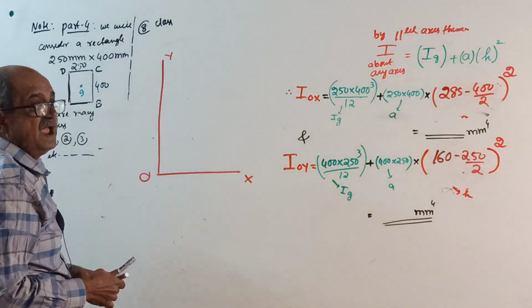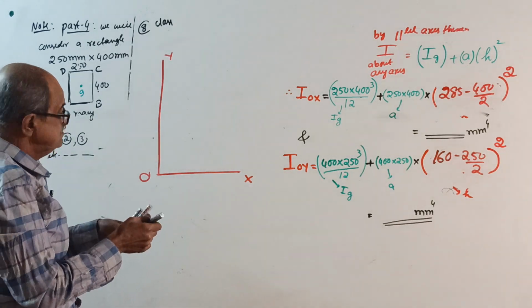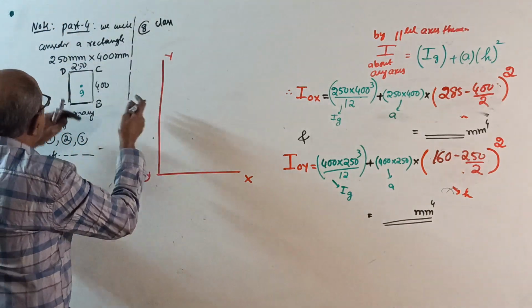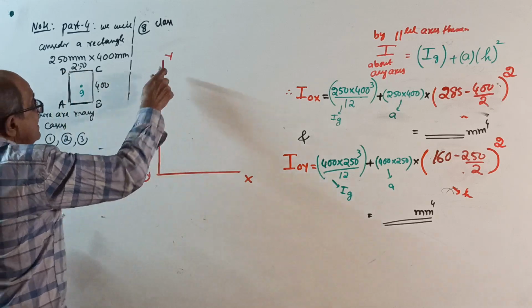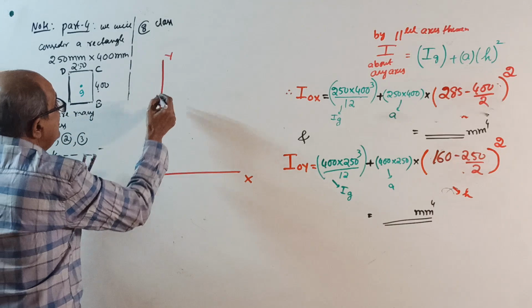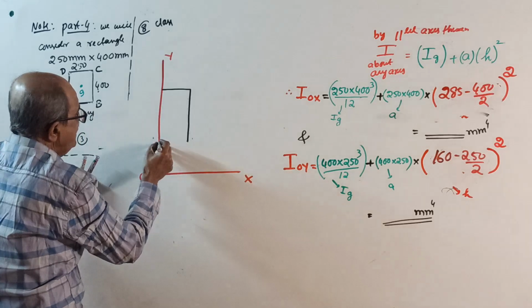Next one, the 8th one. See, the rectangle is placed so that side AD touches OY. See here, side AD touches OY.